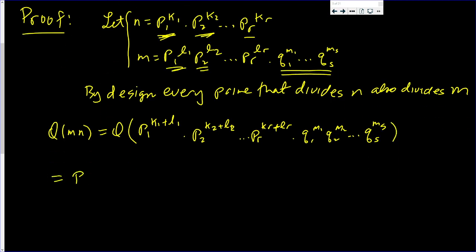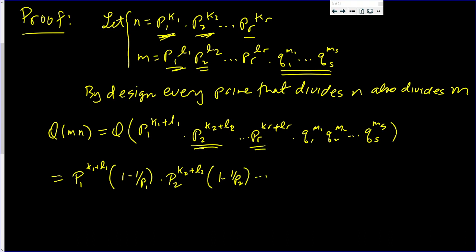Well, this is p1 to the k1 plus l1 times 1 minus 1 over p sub 1, times phi of this, which is p sub 2 to the k sub 2 plus l sub 2 power times 1 minus 1 over p2, all the way up to this last one for the p's.